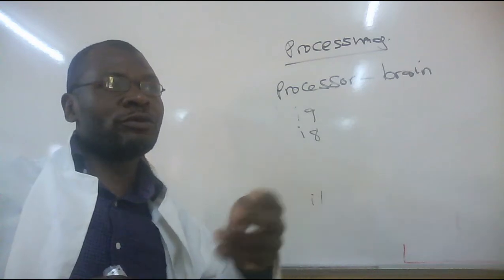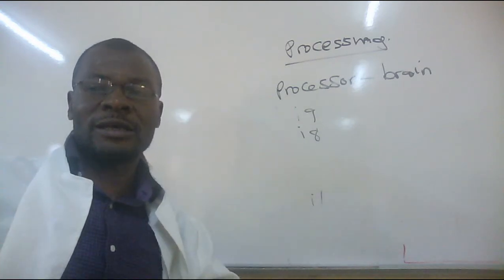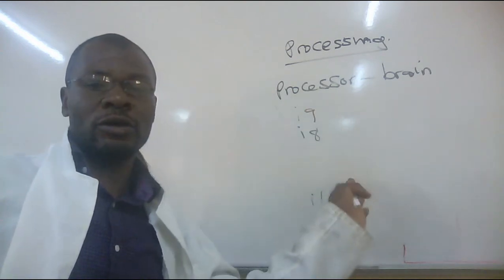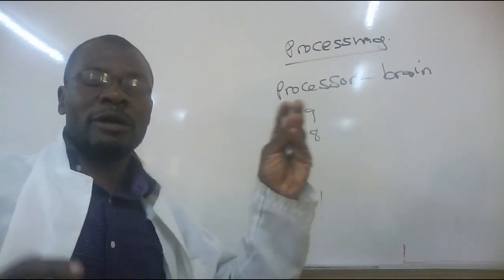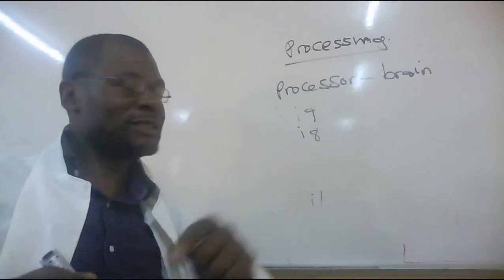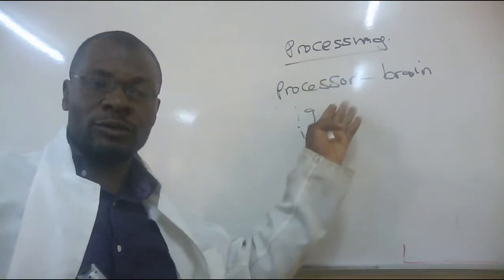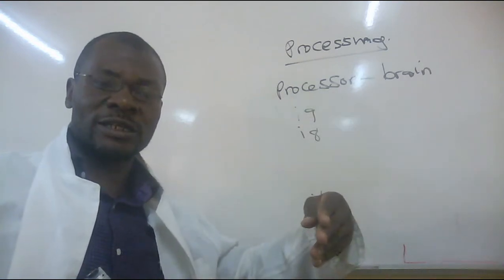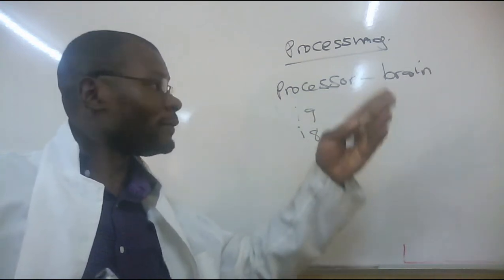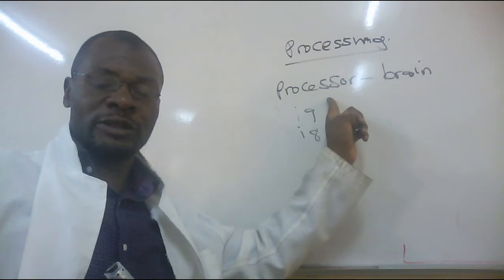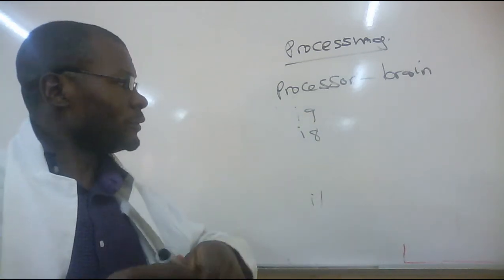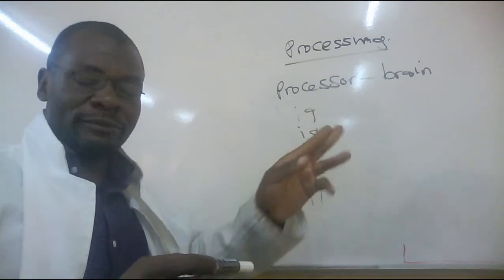There also used to be those dual-core processors. They also count in the category of the processor. But the very important thing to remember is that when we say a processor, we're talking about the brain of the computer. Each and every processor that you're going to come across is simply what we call the brain of the computer. So, why these numbers?